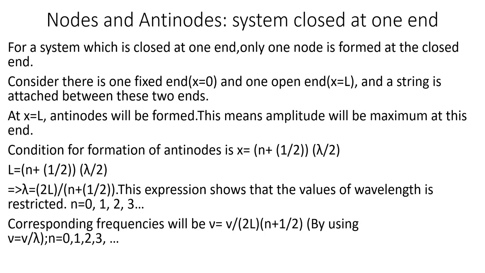So L is equal to (n plus half) lambda by 2, or lambda is equal to 2L by (n plus half). This expression shows that again the values of wavelength are restricted; it cannot take any value. By taking n is equal to 0, 1, 2, 3, we get different wavelengths, and accordingly we can find the frequency. ν is equal to v by lambda. If you substitute lambda, you will get ν is equal to v by 2L into (n plus half).